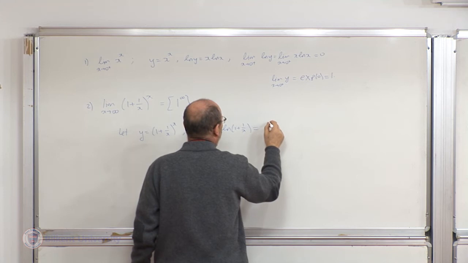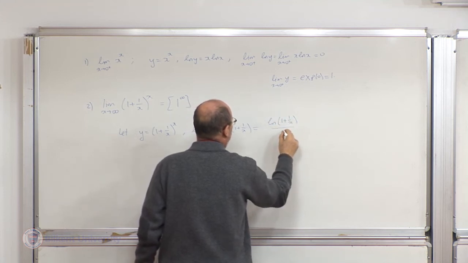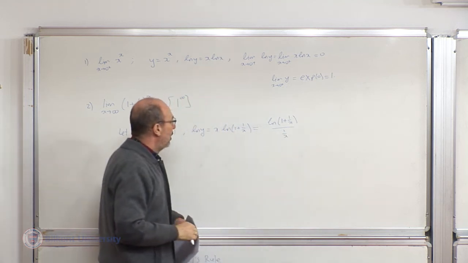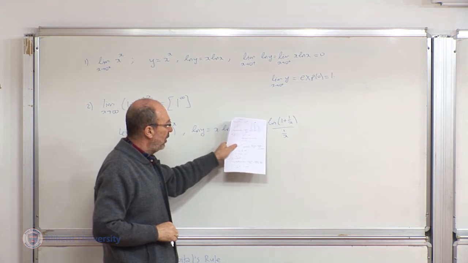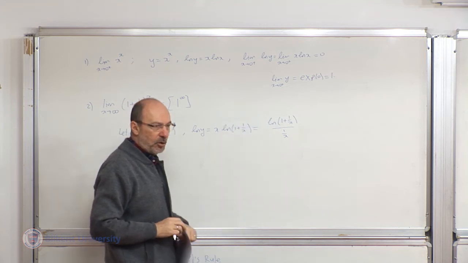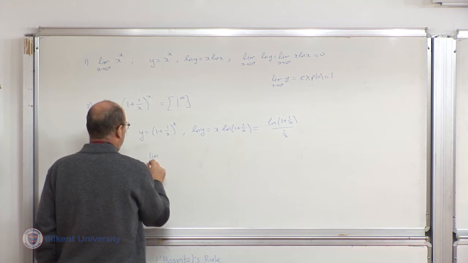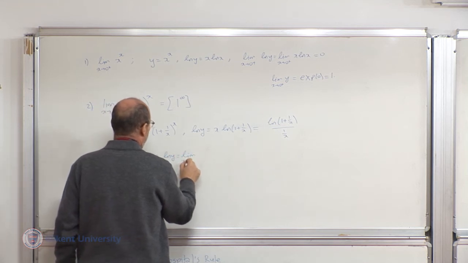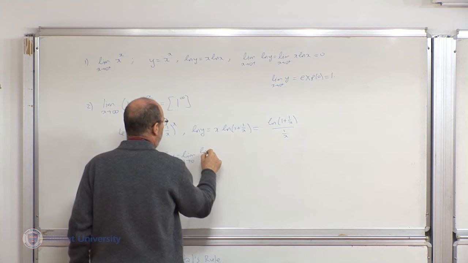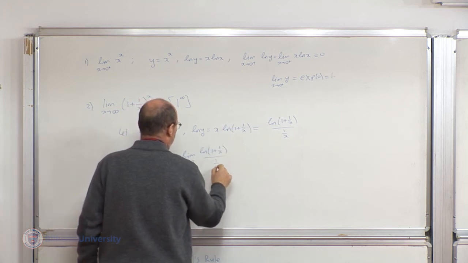I write this thing as ln(1 plus 1 over x) over 1 over x. Now thinking about the limit as x goes to infinity, this goes to 0, this goes to 0. So the limit as x goes to infinity of ln y is equal to the limit of ln(1 plus 1 over x) over 1 over x.